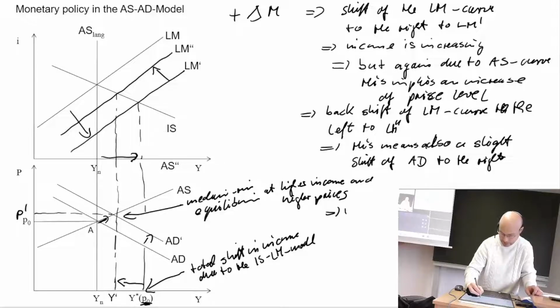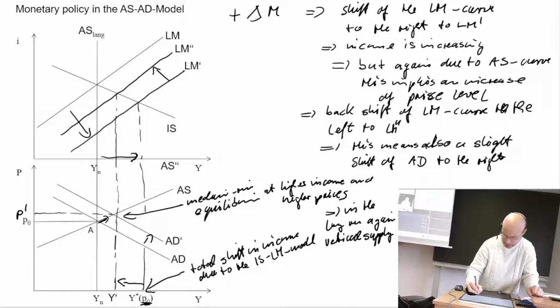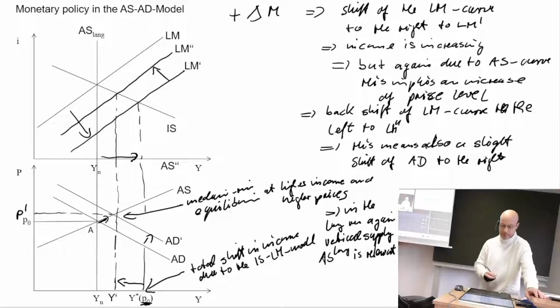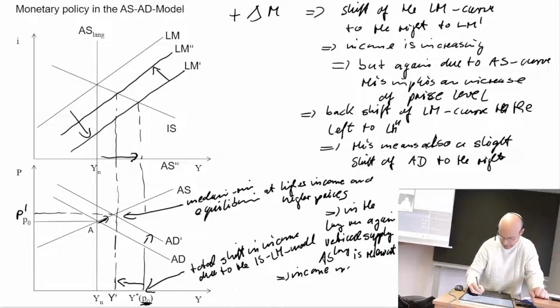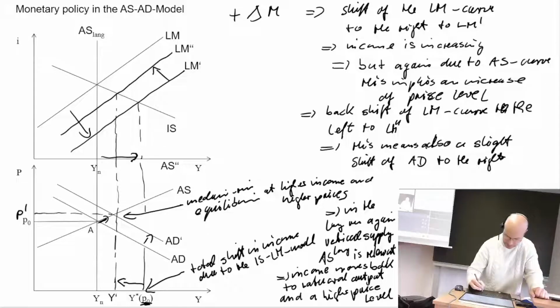So, and then in the long run, again, the vertical supply AS long is relevant, and so income moves back to natural output and a higher price level.